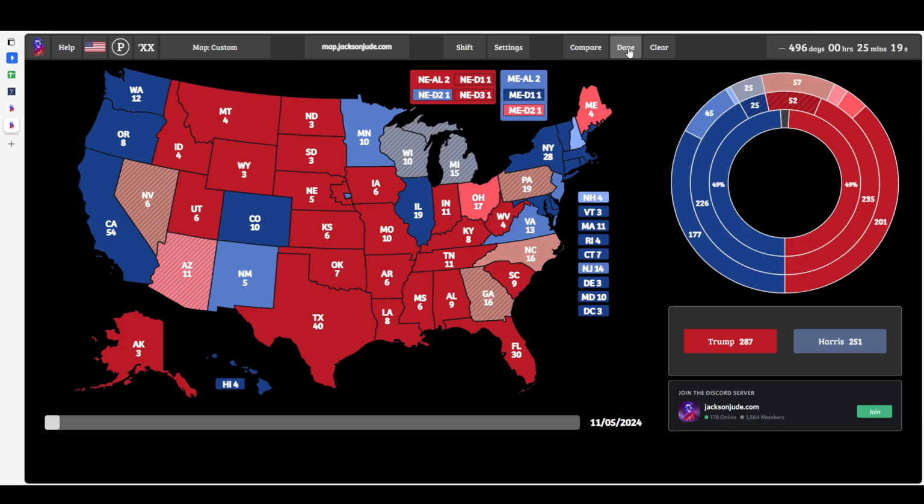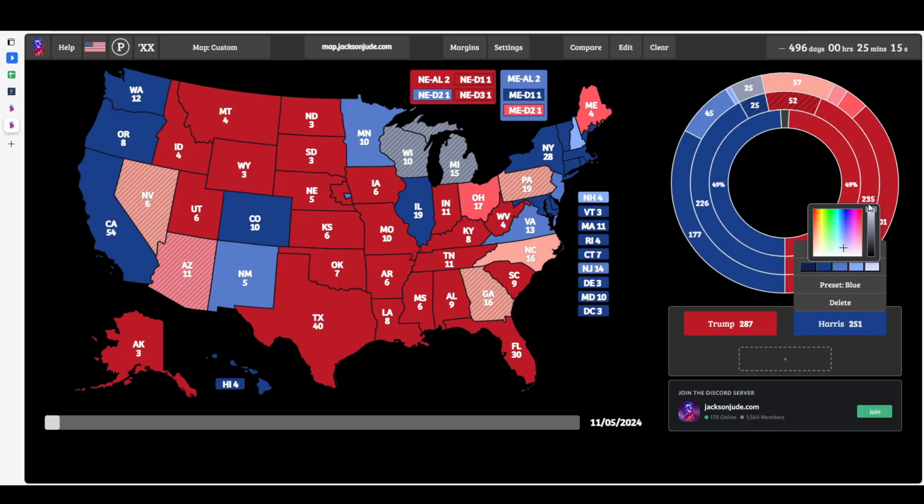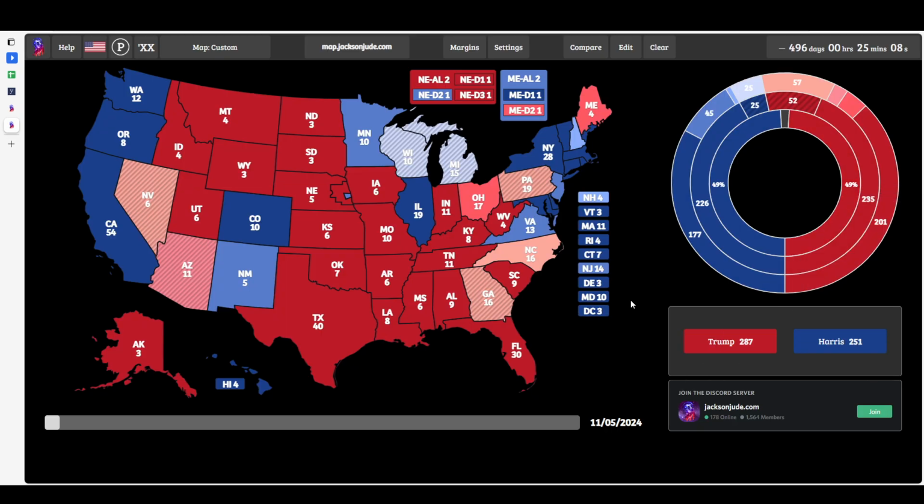So this would be for an even national popular vote environment. This means that both of them would get 49.1% of the popular vote, and so these wouldn't be flips. Kamala Harris would have won Michigan and Wisconsin, but Trump would have won all of the other swing states.